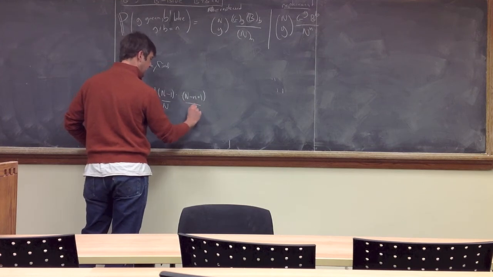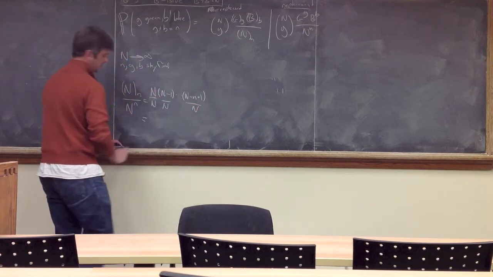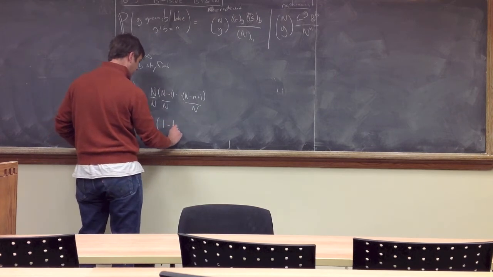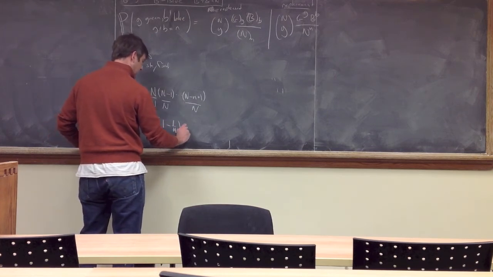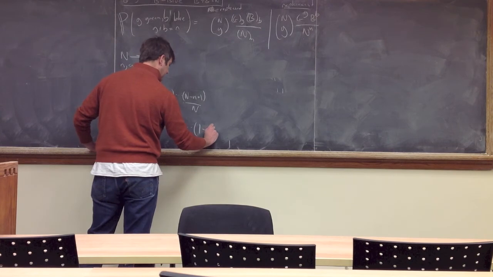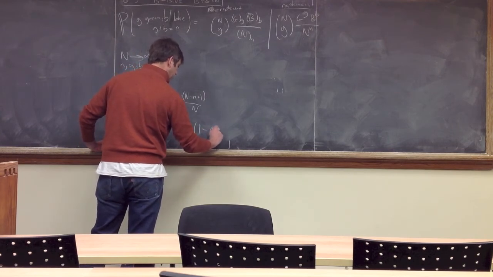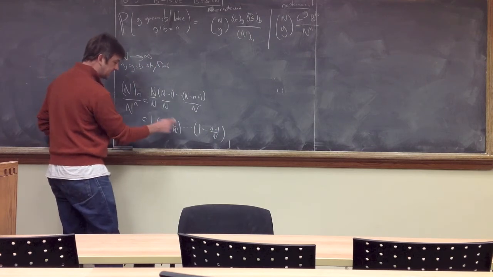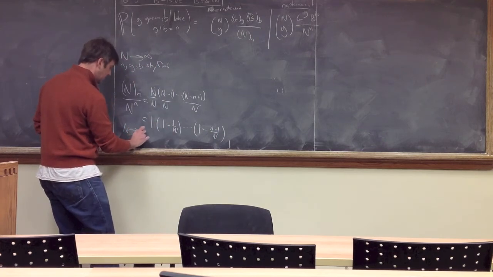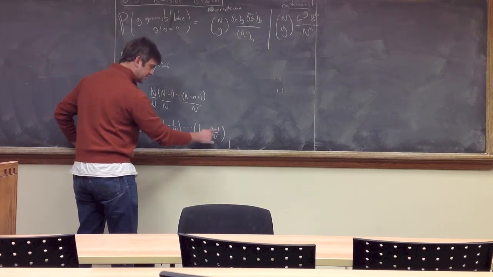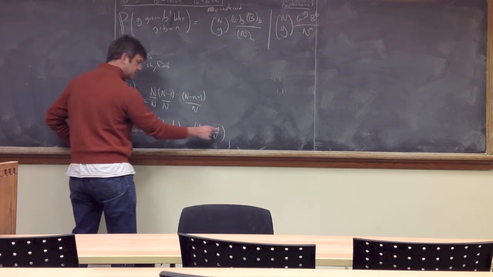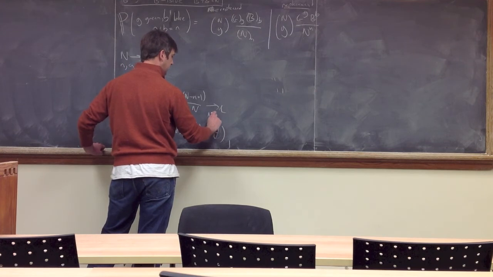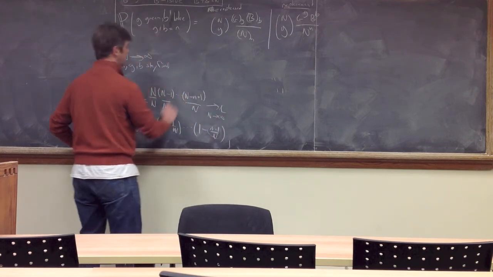So I'm going to split them up, each putting them over a big N. So this first one is 1, but the second one is 1 minus 1 over N, and all the way down to 1 minus n minus 1 over N. And notice that in each of these factors, as big N gets big but little n stays fixed, each of these factors goes to 1. So this converges to 1 as big N goes to infinity, while keeping little n fixed.